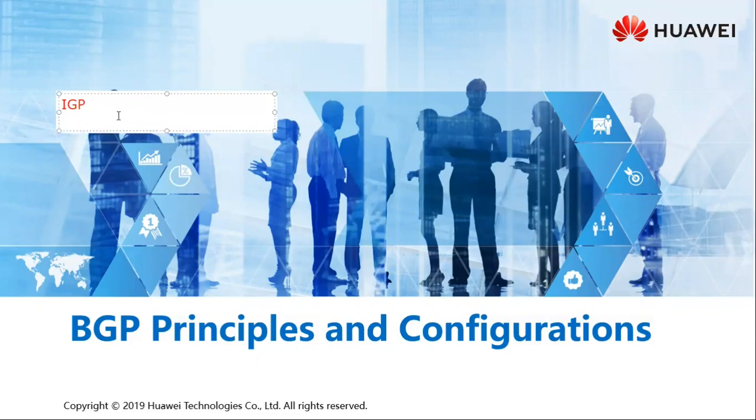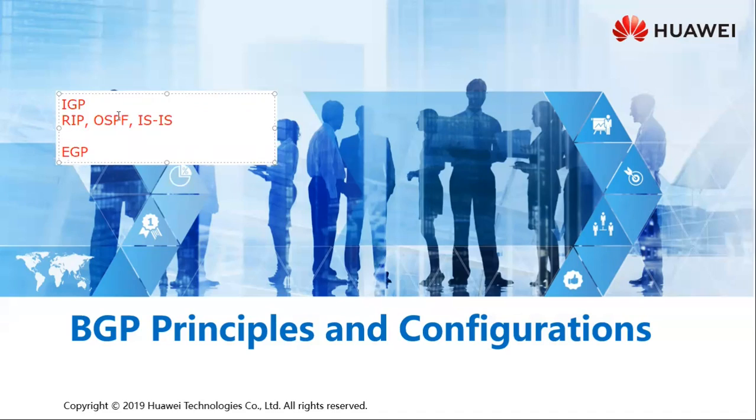So far we have examples like RIP, OSPF, and recently we also looked into ISIS. So these are IGPs. Now we also have EGP, exterior gateway protocol.